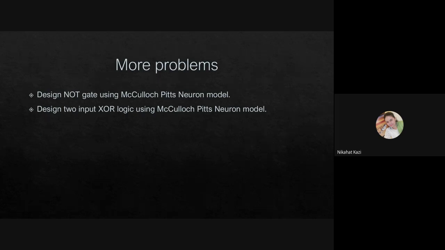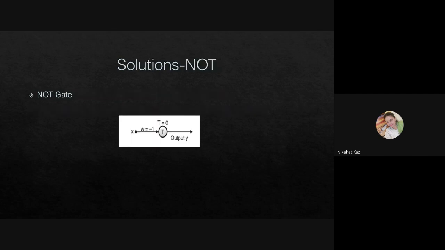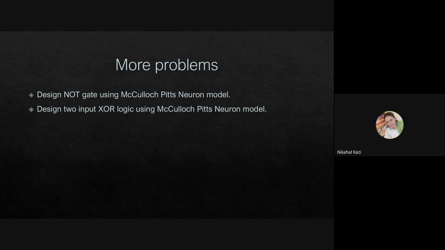Right. So these are simple. Next, NOT gate. So NOT gate, single input. What is the type of signal to the NOT gate? Is it inhibitory or excitatory?